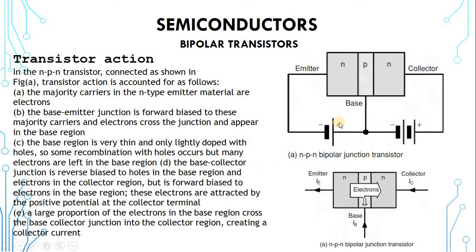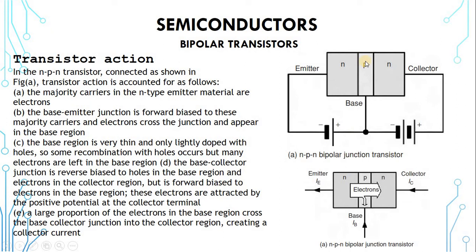First of all, you can see that this is an N-type material and this is a P-type material. The positive terminal of the voltage source is connected to the P-type, and the negative is connected to the N-type. So the negative terminal is going to push electrons from the N material into the base, while the positive attracts the holes from the base.